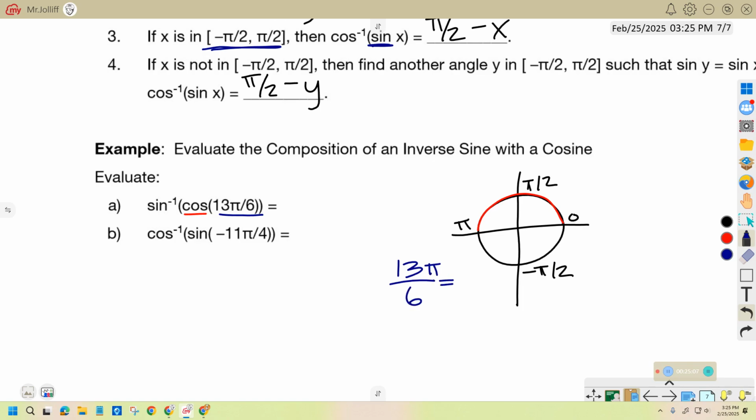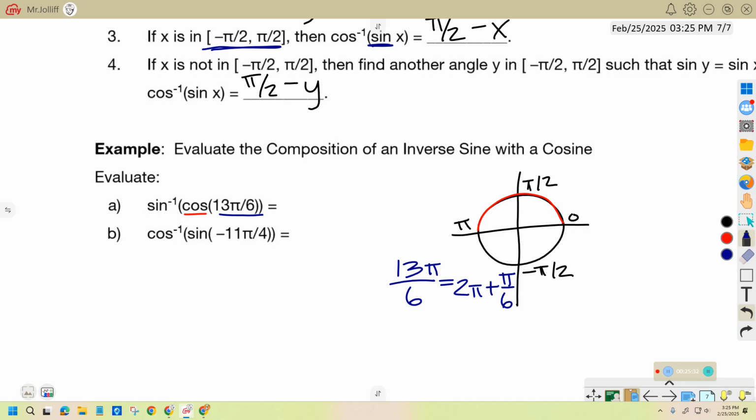How many times does 6 fit into 13? Twice. So this is 2 pi plus some leftover. 6 goes in twice. That leaves me with 13 minus 12, which is 1. It's going to leave me with 1 pi over 6. 2 pi is a full circle.